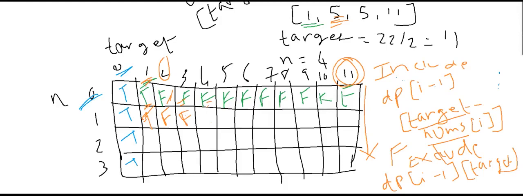Exclude will use this cell, which is false. OR of that is false. Now here the target is 5. Our nums of 1 is also 5. So 5 minus 5 is 0. So we need to look at dp of I minus 1, which is the previous row, and column 0. So include will be true.